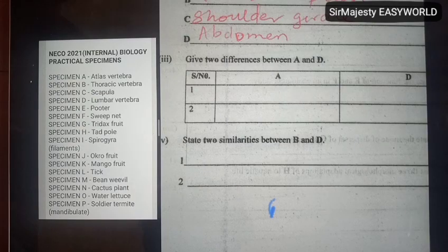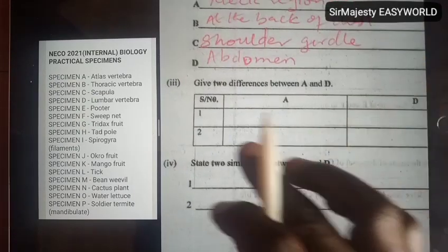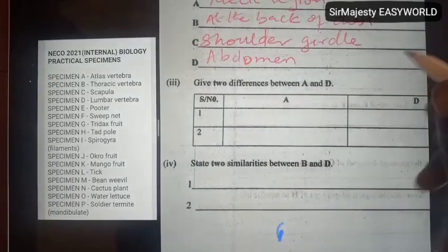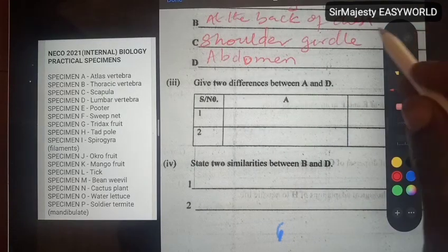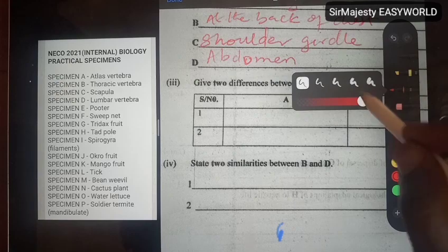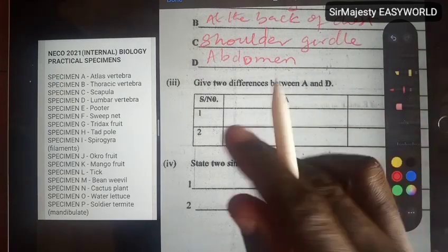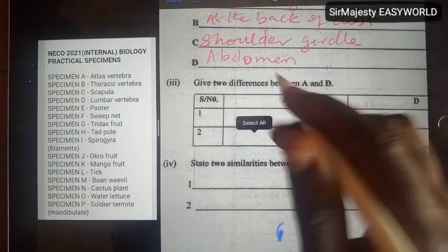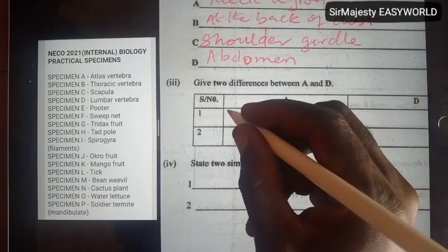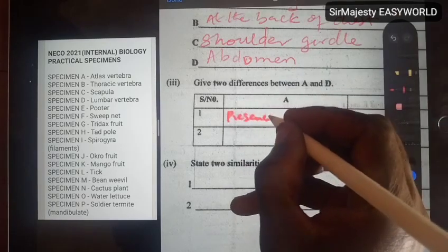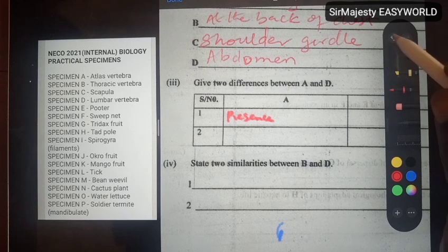So that is it. We are done with this. I've given you many options, but let me fill this one just for formality's sake. So here I said you can write presence of vertebrarterial canal.